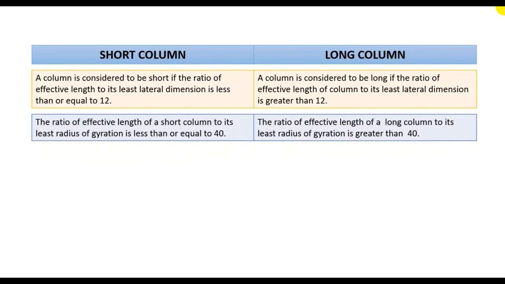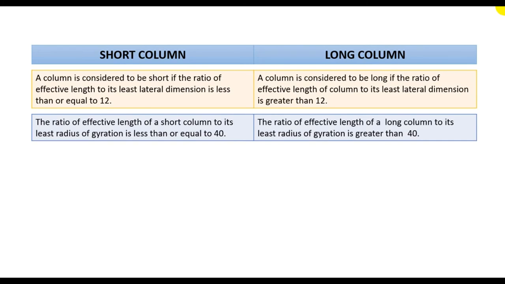Looking at another difference, for a short column the ratio of effective length to least radius of gyration is less than or equal to 40. First of all, you have to know about effective length. What is the effective length of a column?